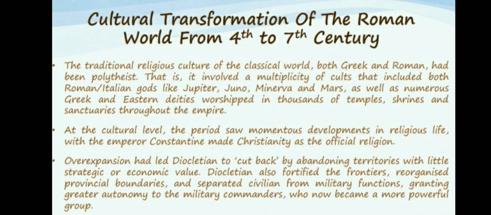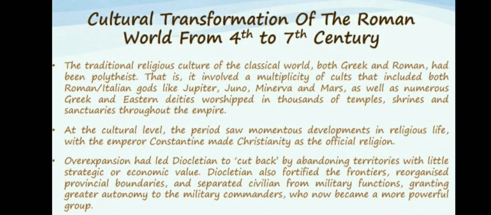First, we will see what cultural transformation is known as. Late antiquity is the term now used to describe the final fascinating period in the evolution and breakup of the Roman Empire, and refers broadly to the 4th to 7th century. The traditions, religion and culture of the classical world, both Greek and Roman, had been polytheist.